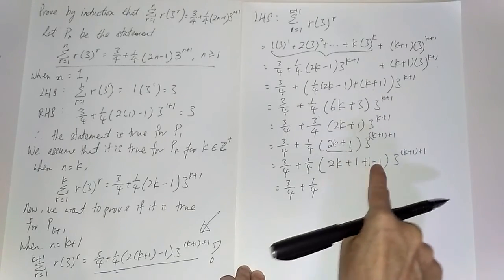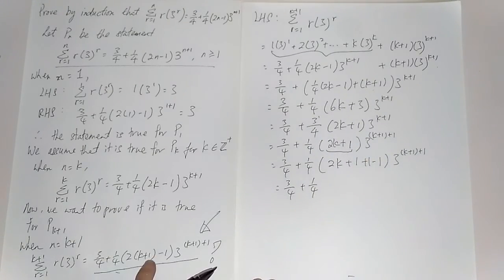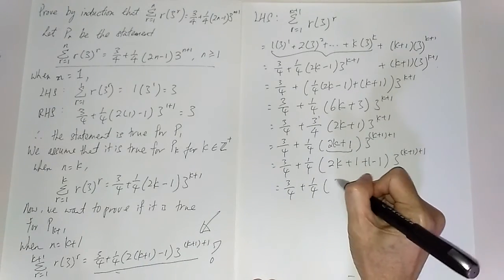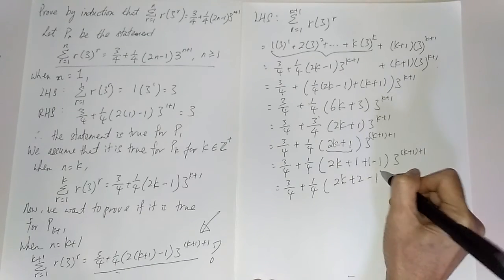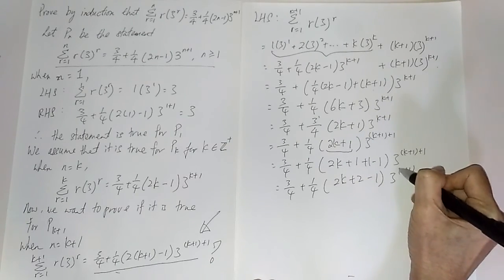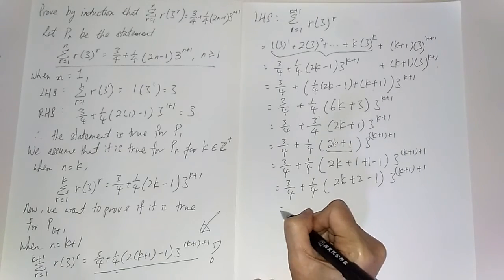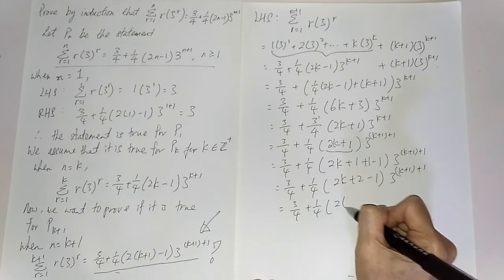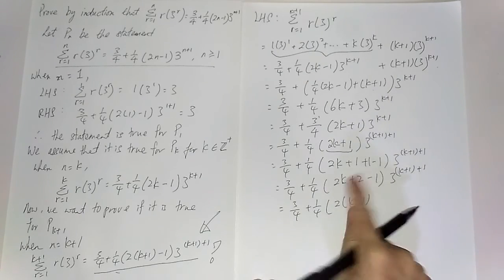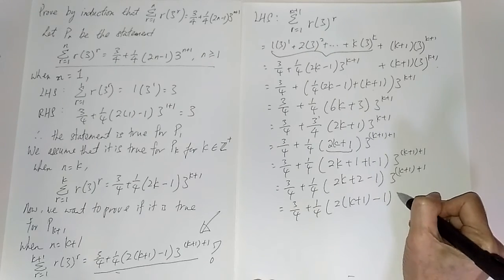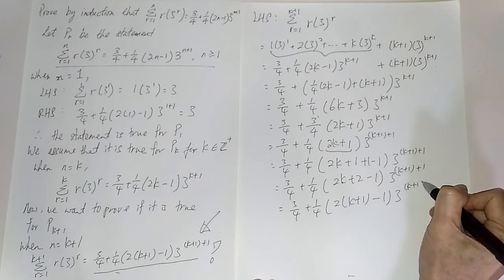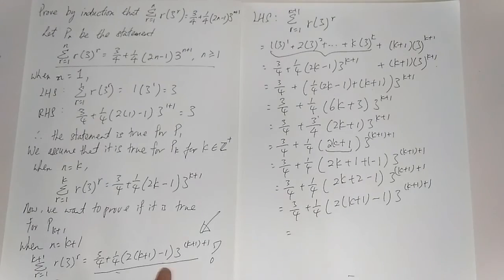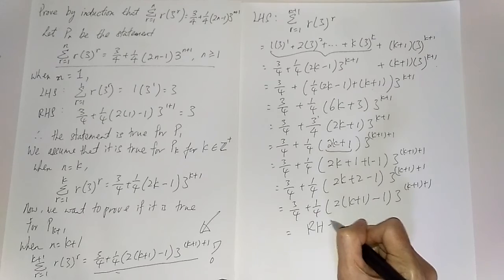The reason we are playing around with the numbers is to get this expression. So we have 2k plus 2 minus 1, which equals the right-hand side. So we have proved it.